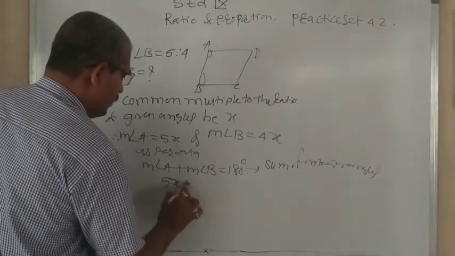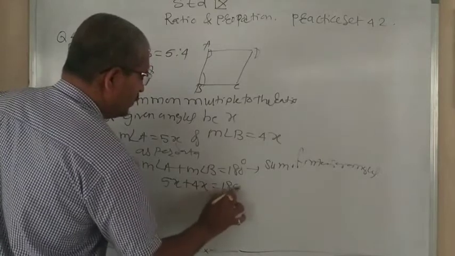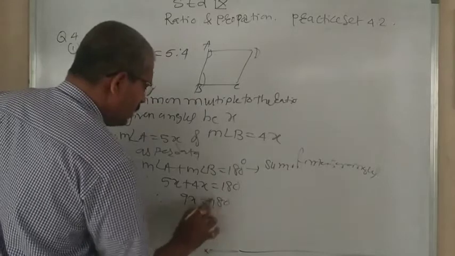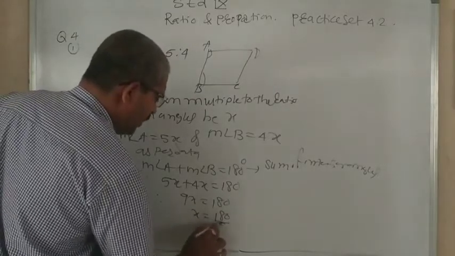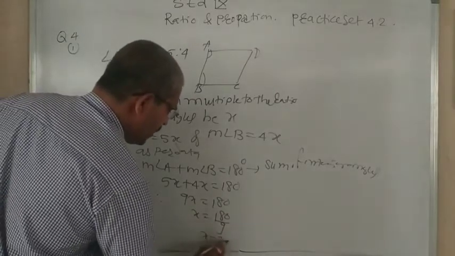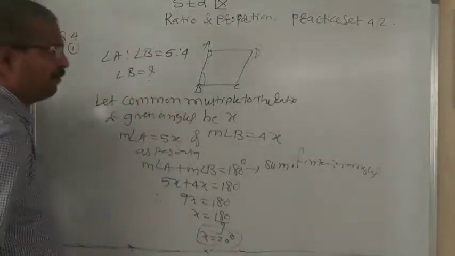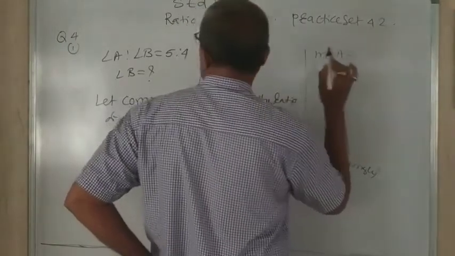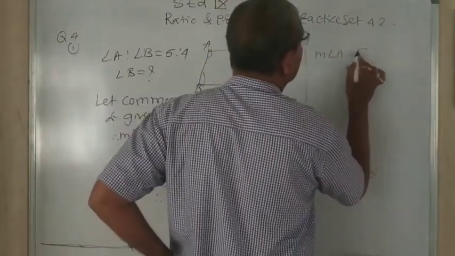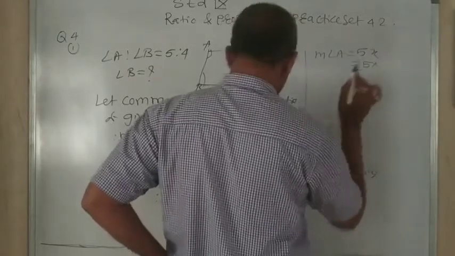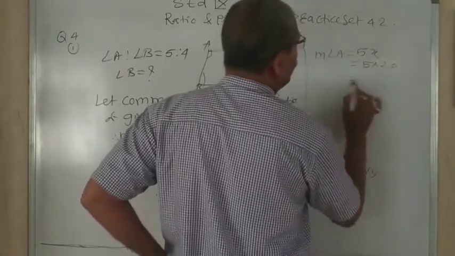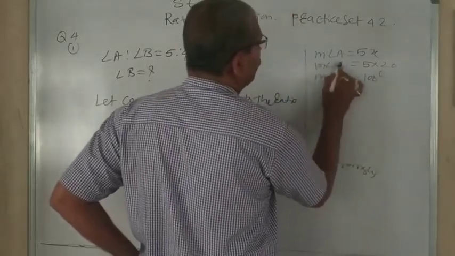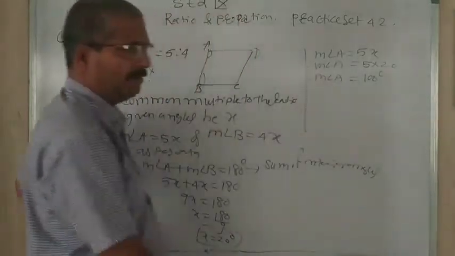Therefore, 5x plus 4x is equal to 180. Hence, 9x is equal to 180 degrees. 180 divided by 9, 9 twos are 18, so x is 20 degrees. Thus, measure of angle A is equal to 5x, means 5 into 20, means measure of angle A is equal to 100.